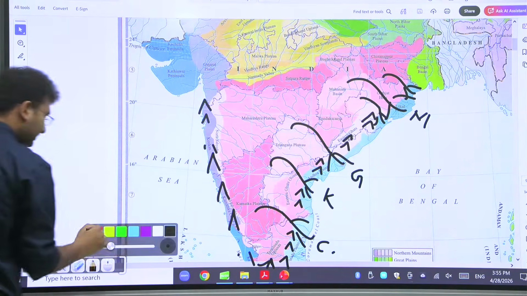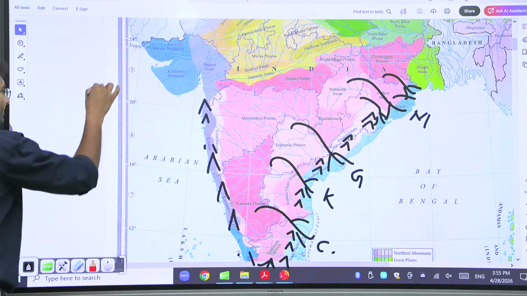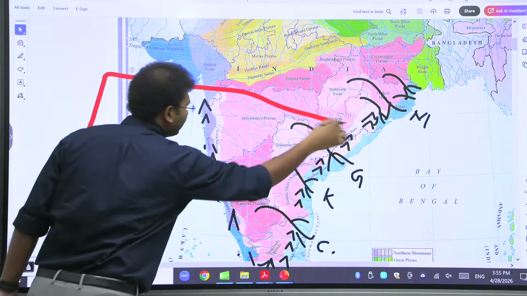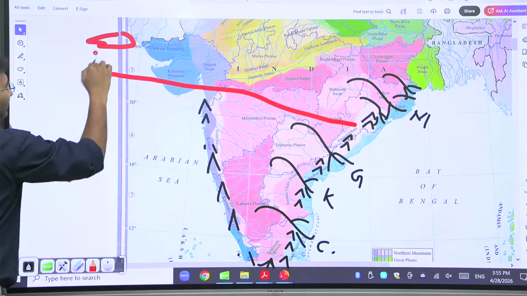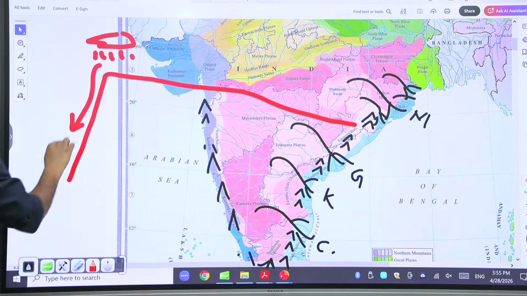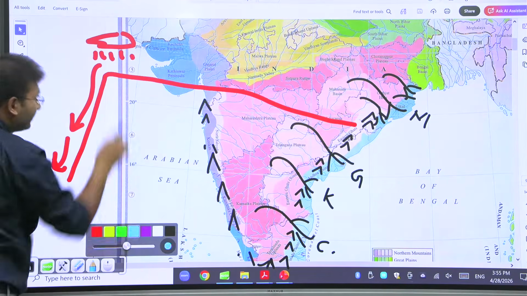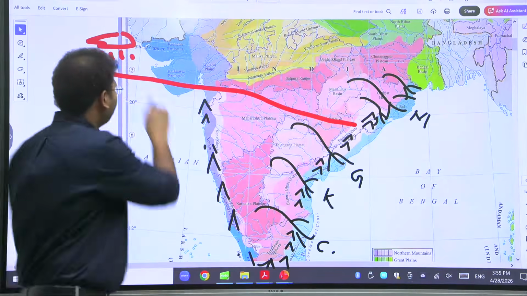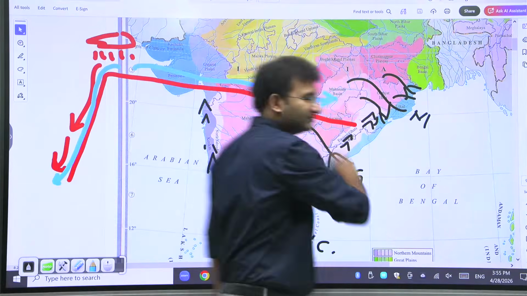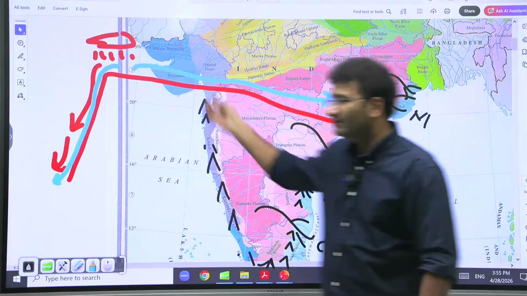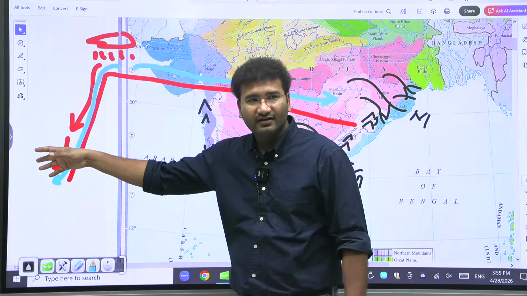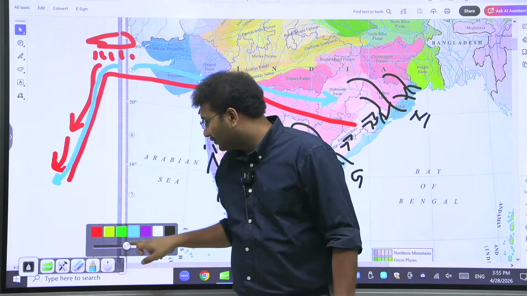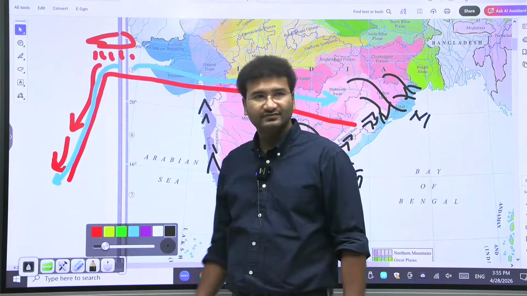Now imagine that it is steeper on one side and gentler on the other side. If rain falls, it comes very swiftly, and if a river is flowing in this direction, will it not move swiftly? It will move gently on one side. Western side of the Western Ghats, right? The river flows at a very faster rate.